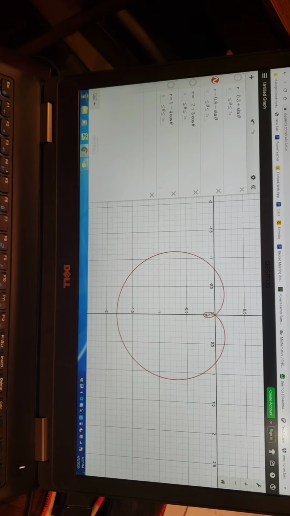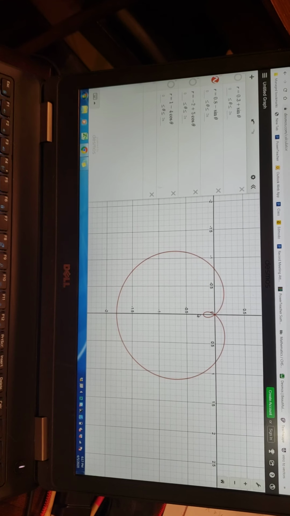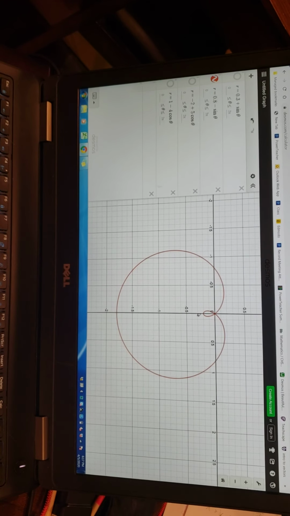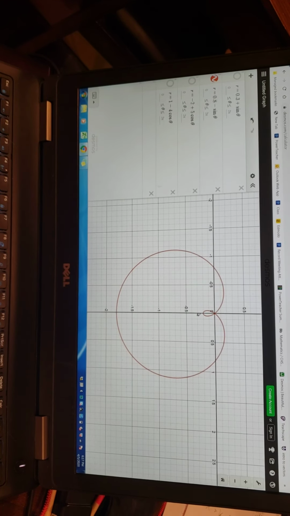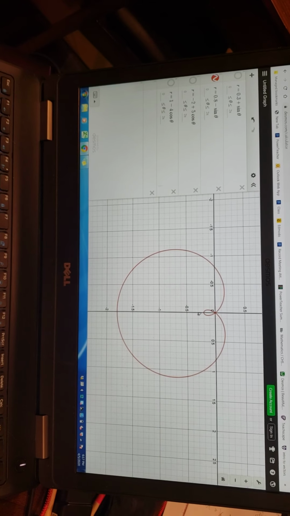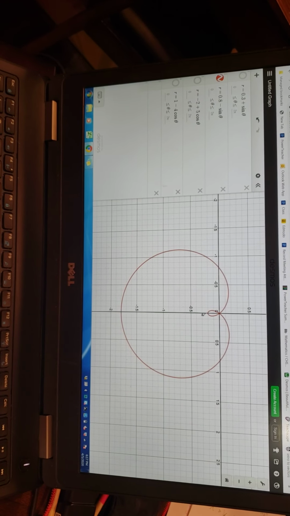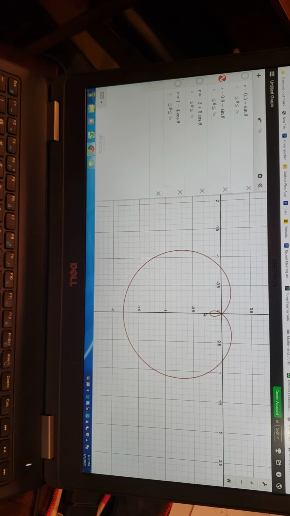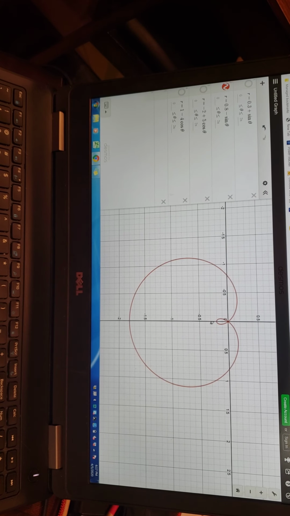This has an inner loop of 0.2. So let's write that down. This has an inner loop length of 0.2. Notice the absolute value of A is 0.8, and the absolute value of B is 1. And it's got an inner length of 0.2.